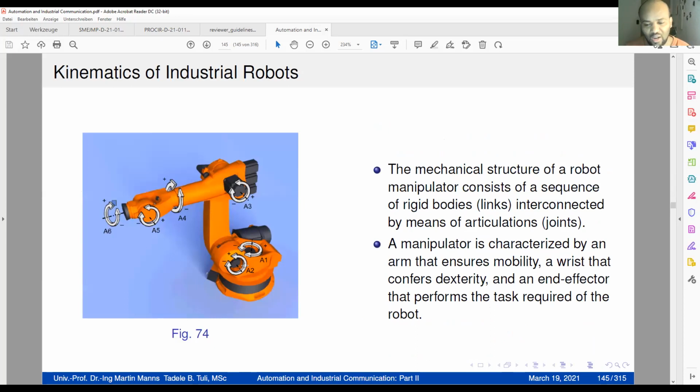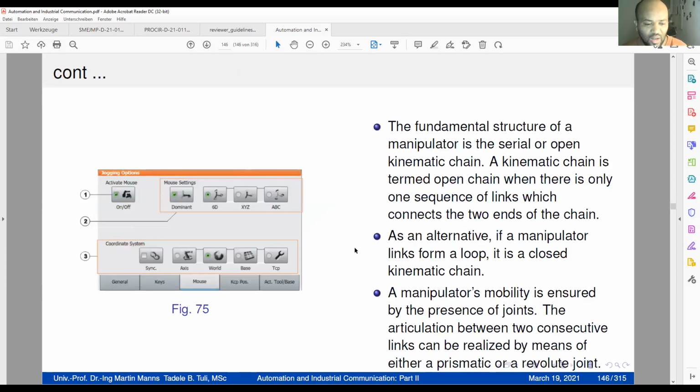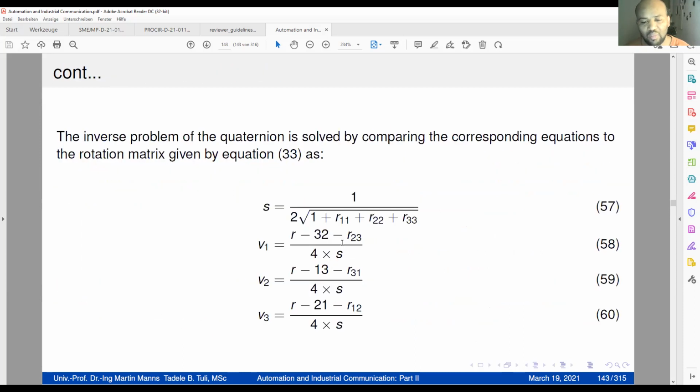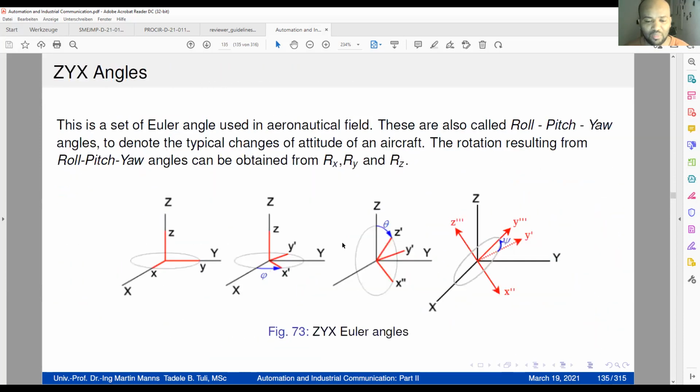We assign x along the link, and for the y-axis we follow the right hand rule. So the third axis will be fulfilled by following the right hand rule. Always be sure whenever you assign your axes: x-axis along the link, z-axis along the axis of rotation, and y-axis following the right hand rule. This is really very important, otherwise you will have some problems.